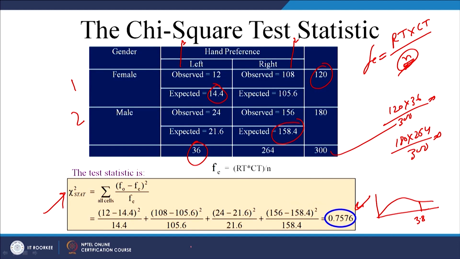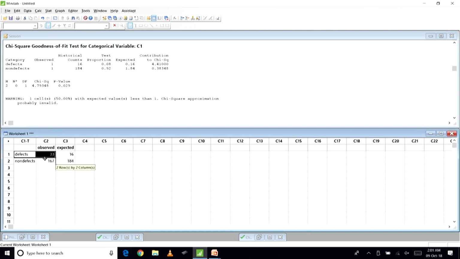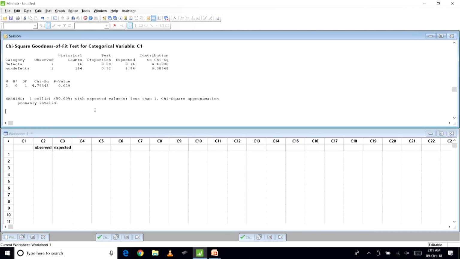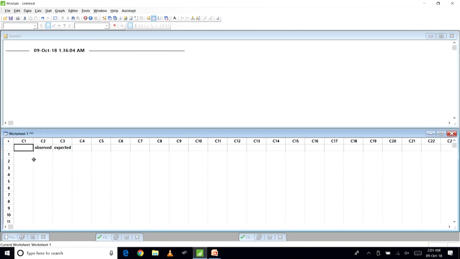So, we will have data like this. So, let us look at this question. You should delete all these output first. So, you have got gender, you have got female left-handers and female right-handers, male left and male right.